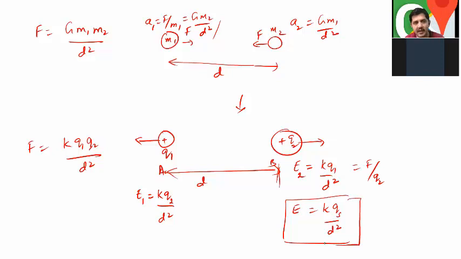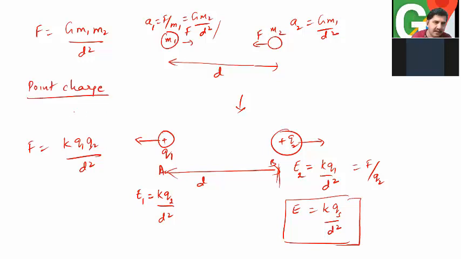Right. So we have seen what is electric field, how the field acts, and how you calculate the force. The force between any two charges can be calculated by Coulomb's law. And then, what is a point charge?